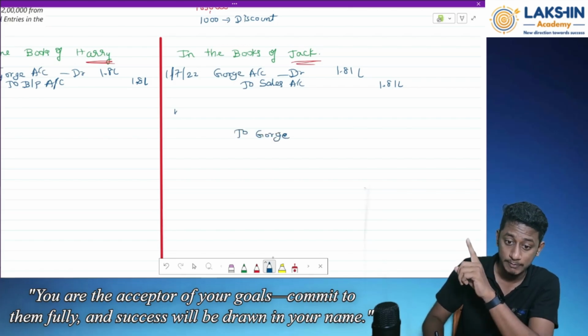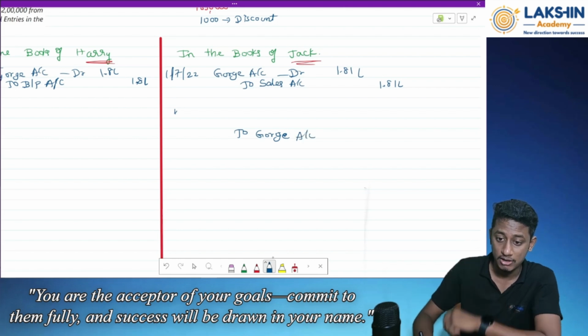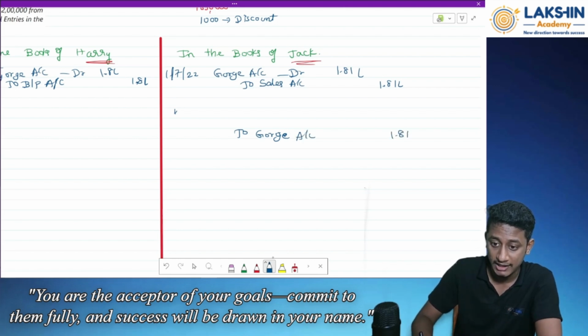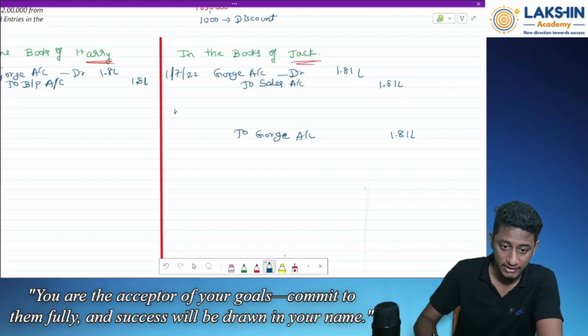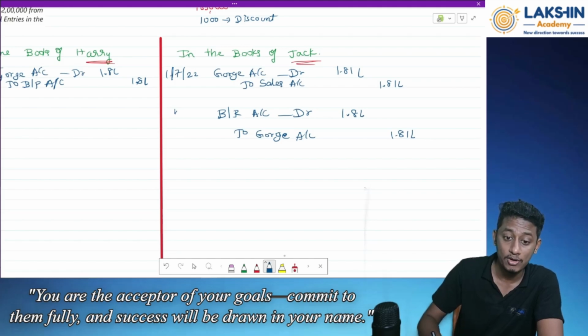So George account by rupees 1,81,000, the value of the sale done. Then I am receiving a bill receivable from George as an endorsement for rupees 1,80,000. The remaining amount is a discount given by me. So discount is an expense in the books of Jack, and therefore it is being debited by rupees 1000.